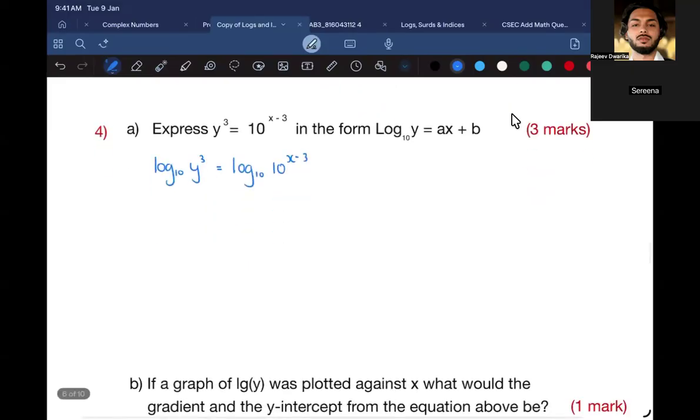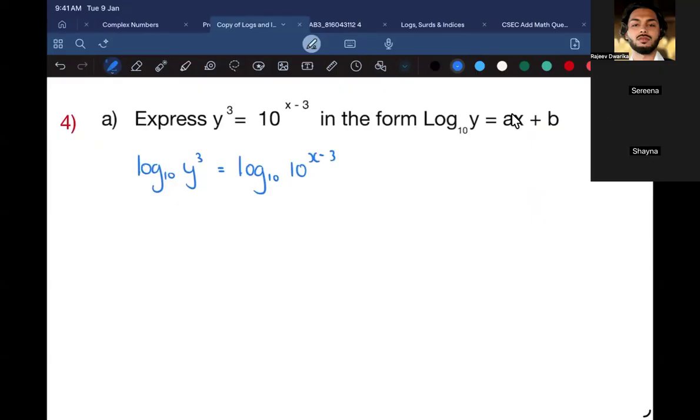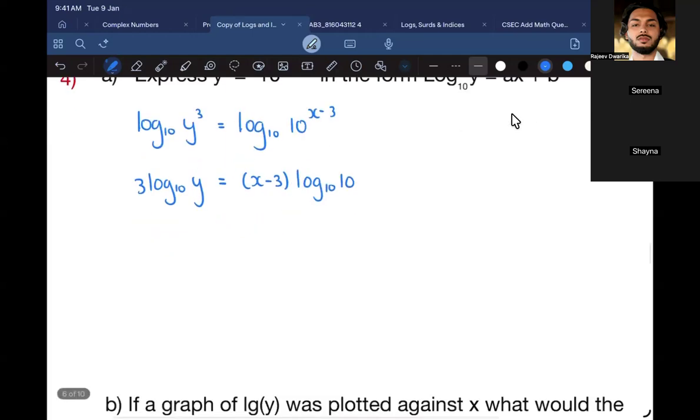What do you suppose is the next step? You bring the power to the side. Right? So I could write 3 log base 10 y, and that'll be equal to what? Open brackets, x minus 3, close brackets, log base 10. Nice.